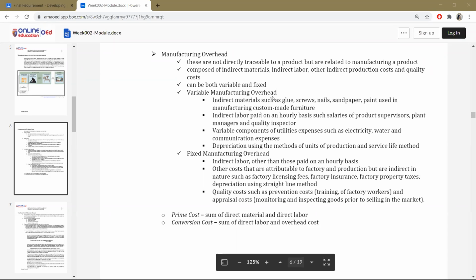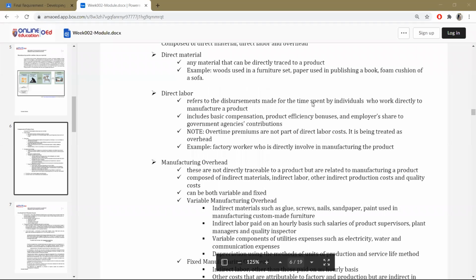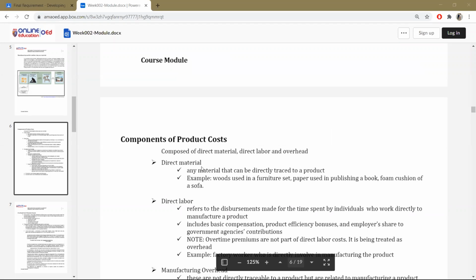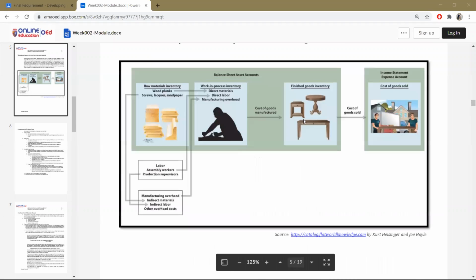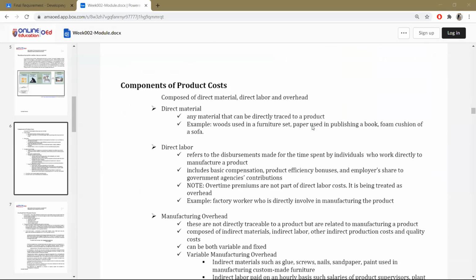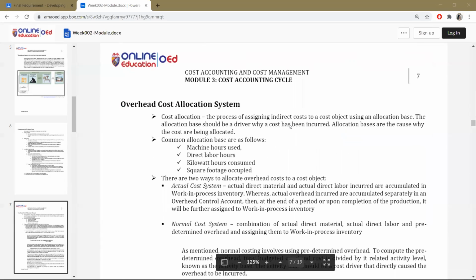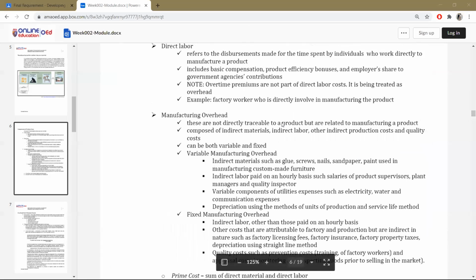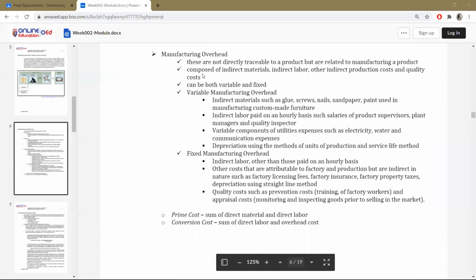So these are part of variable manufacturing overhead because they are indirect materials. Direct material is the wood. And the rice mentioned earlier is part of indirect material. And the sandpaper I mentioned earlier is part of indirect material. Okay. Indirect labor paid on an hourly basis, such as salaries of product supervisors, plant manager, and quality inspector.